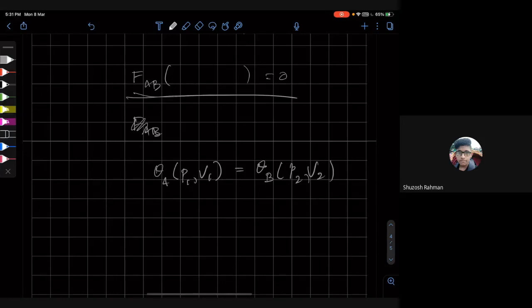Remember this kind of argument we made? Because then the P3 dependence dropped out, because this canceled out with this.